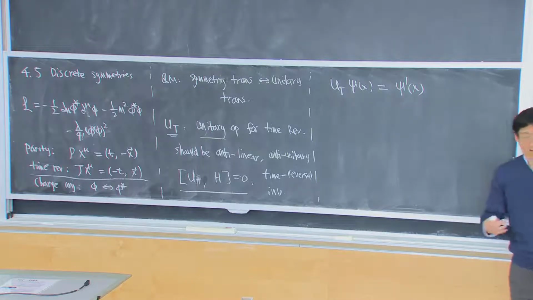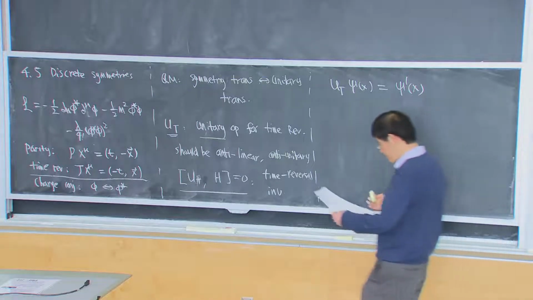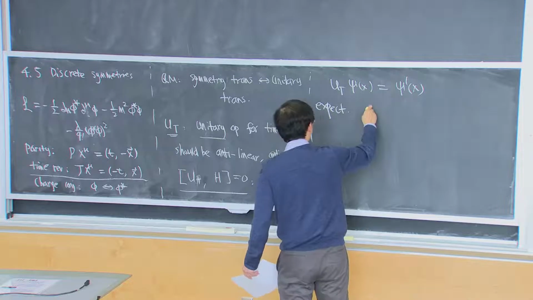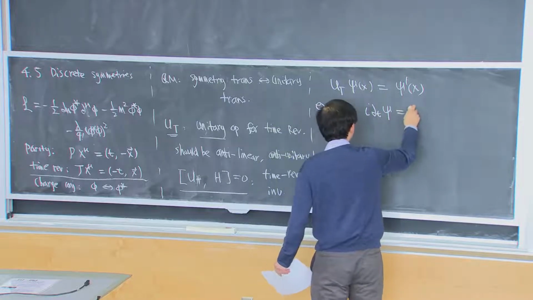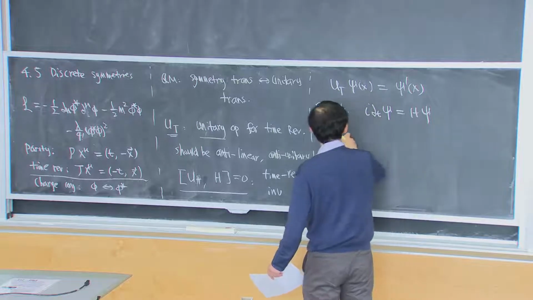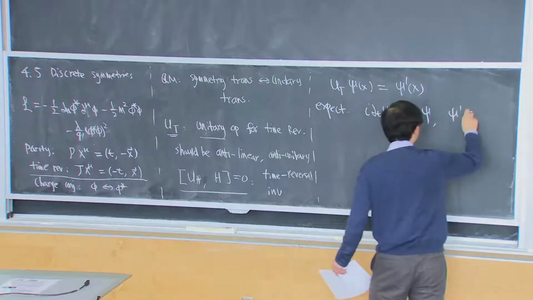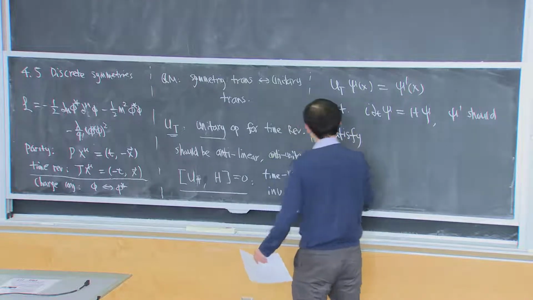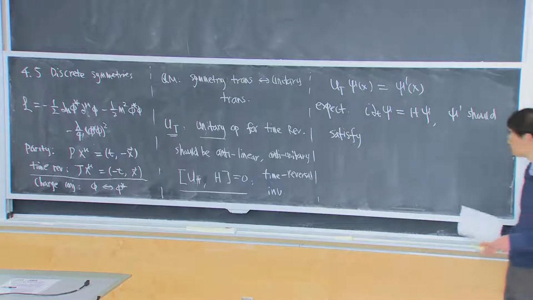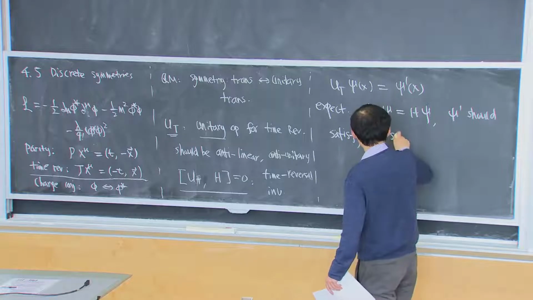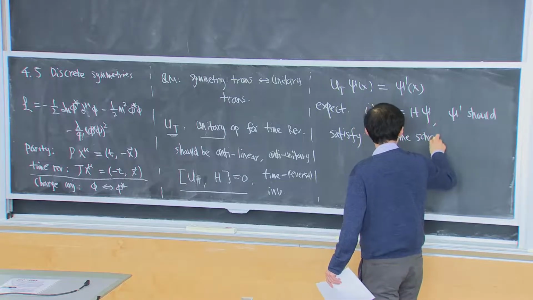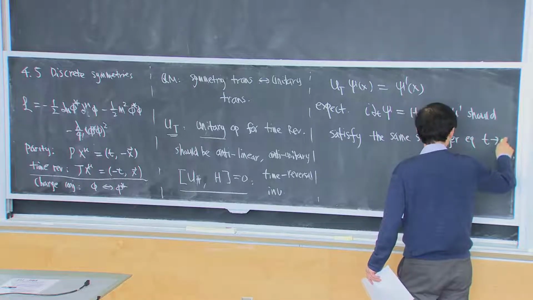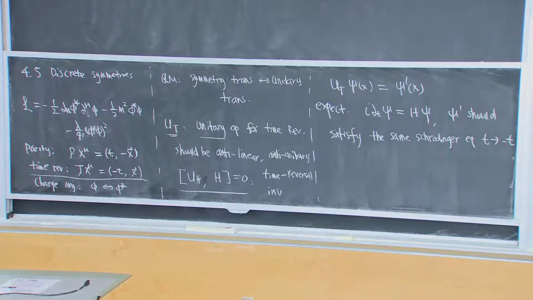Physically, we expect that if psi satisfies the standard Schrodinger equation, then psi prime should satisfy the same Schrodinger equation but with t going to minus t. That's what we mean by time reversal.